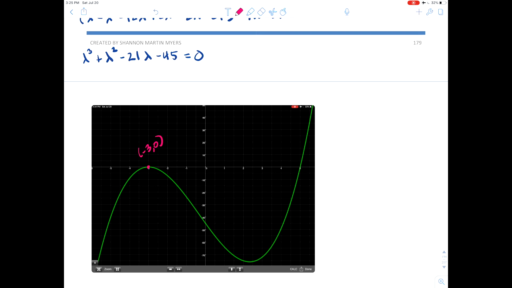So this would be lambda is equal to negative 3, and that's going to have a multiplicity of 2 because we have a third degree polynomial, and so we need to have 3 roots. So that has multiplicity 2. This here is 5, 0, all right? And so this is lambda equals 5, and that just has multiplicity of 1. Cool so far? Okay.